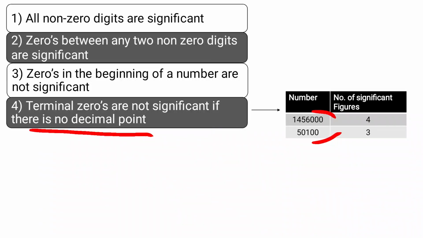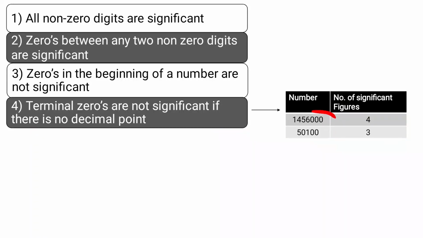Therefore, the number of significant figures in example 1 is only 4, whereas in example 2 it is only 3. Zeros are present at the end and there is no decimal point, so we are not taking them into account.